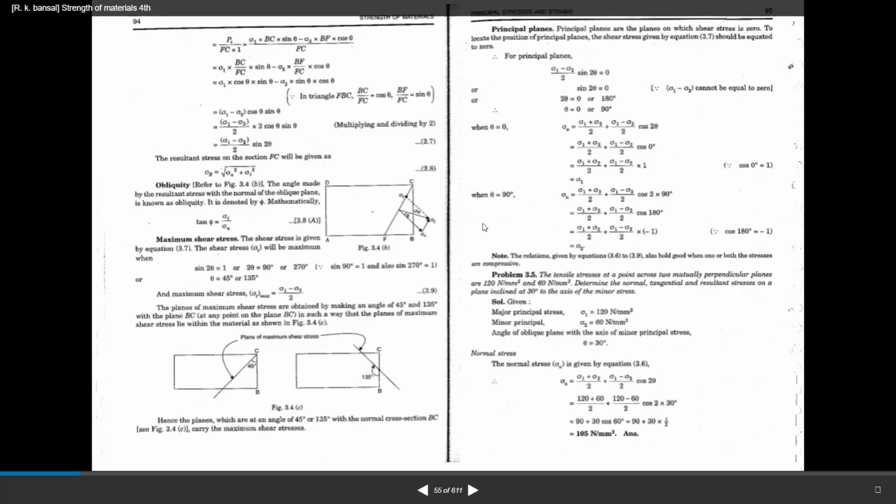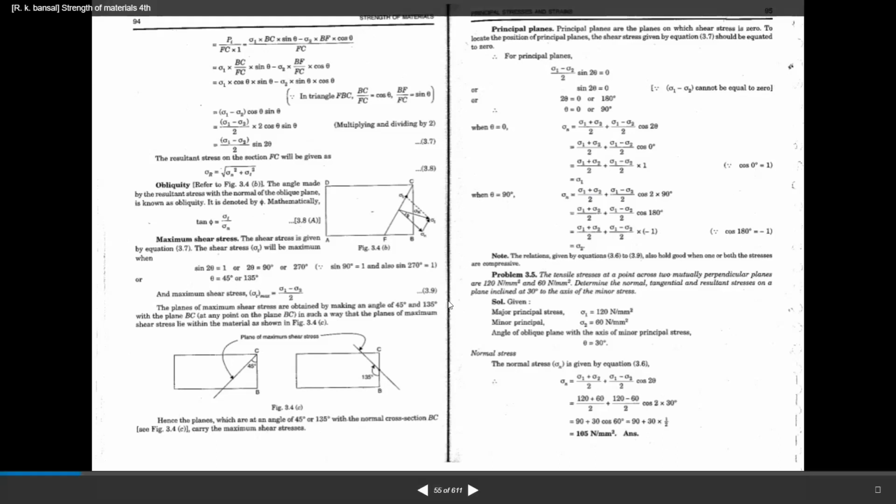And when theta equal to 90 degrees, we get the value sigma 2. Note the relation given by equation 3.6 and 3.9.